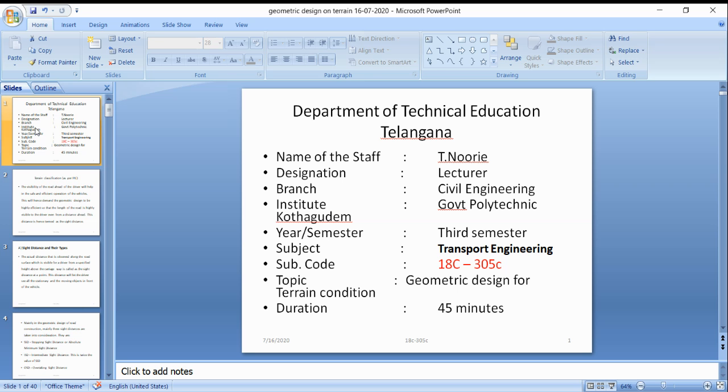In that, we have seen the carriageway is nothing but the width of the pavement and depends on the traffic lane.